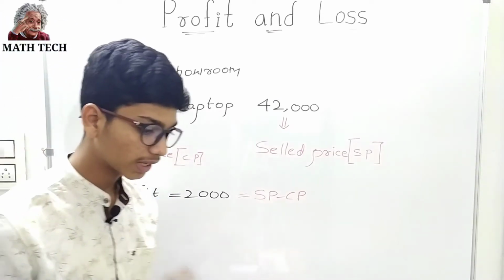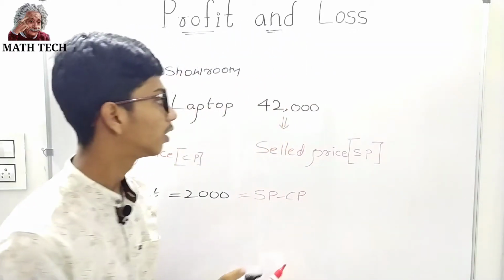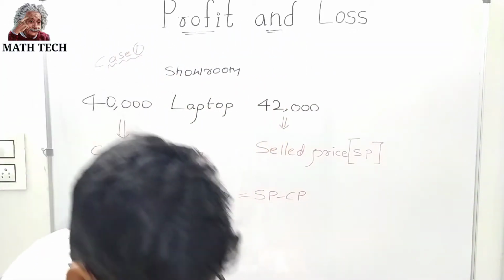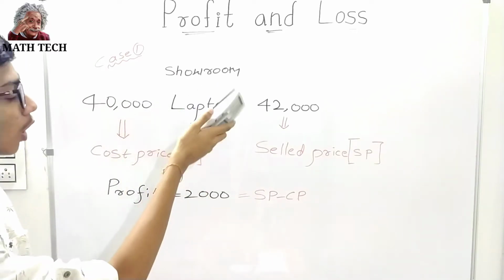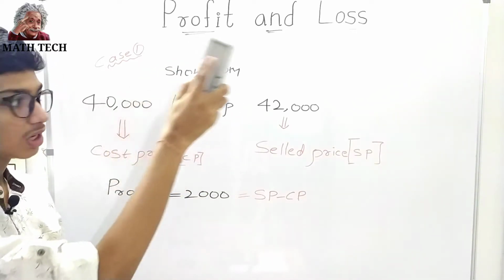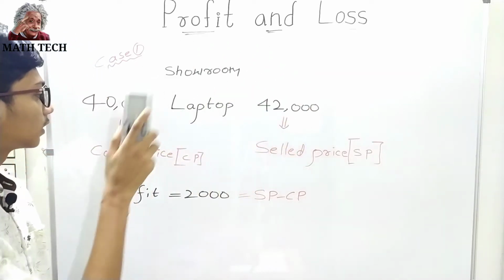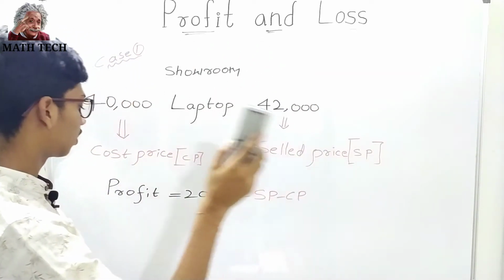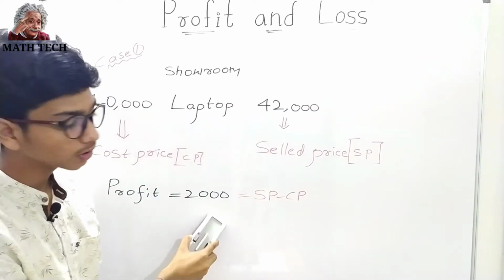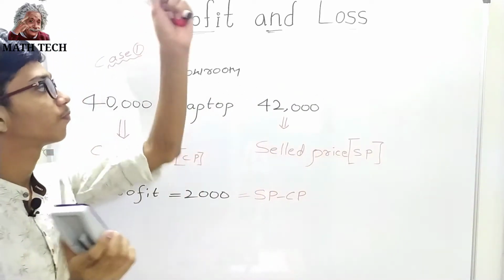Now let's discuss case 2. In case 1, you have bought the laptop for 40,000 and sold it for 42,000. 40,000 is cost price and 42,000 is sold price, and profit is equal to 2,000, that is SP minus CP.